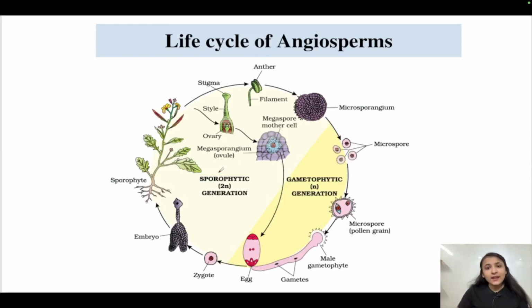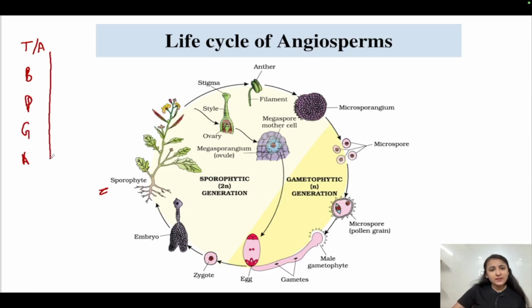Now let us look at the life cycle of angiosperms. The flowering plant, or the plant that we see, is a sporophyte. As we move from thallophytes or algae to bryophytes, then pteridophytes, then gymnosperms, then angiosperms, what is happening? The gametophyte is becoming reduced and more dependent on the sporophyte.